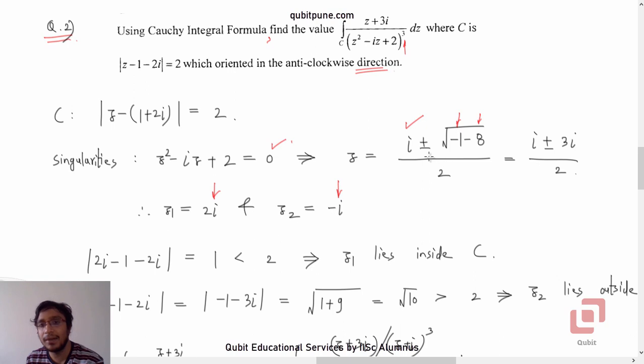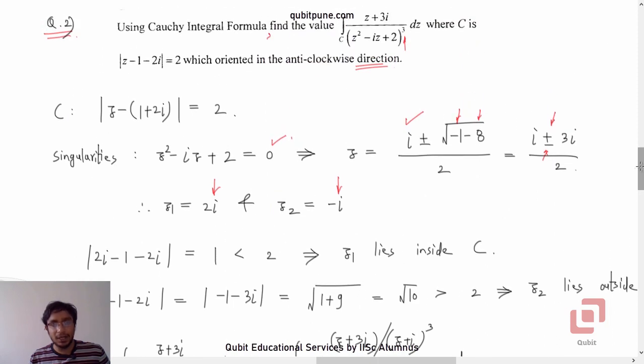So effectively you are getting I times plus or minus root of minus 9, or 3i. So the first root is going to be 2i considering the positive sign, and the second root will be minus I considering the negative sign. Now we have to determine the relative positions of these 2 points with respect to the curve C.